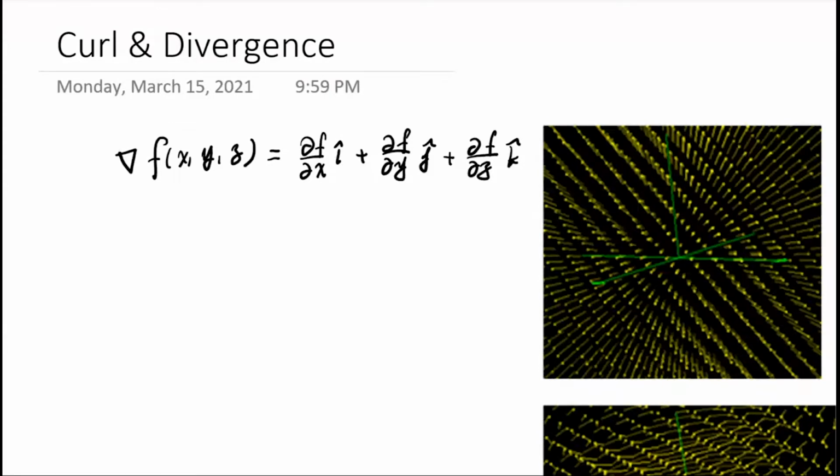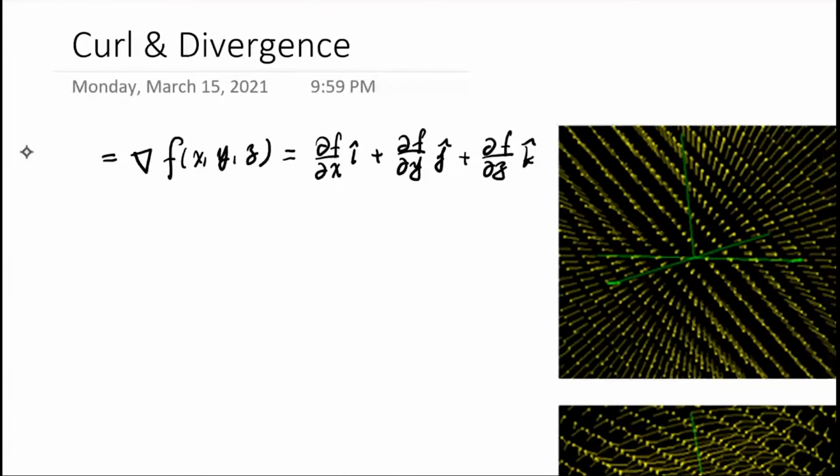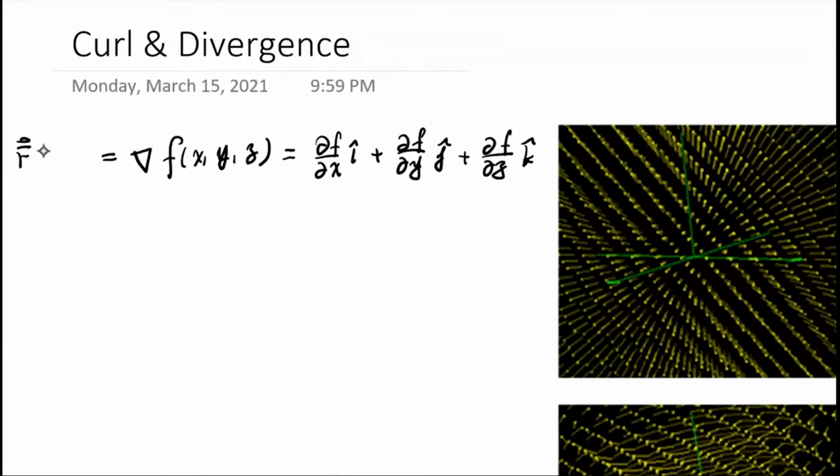Well then, what does the second derivative look like? Or, if you have a vector field, let's call it vector f of x, y, z.